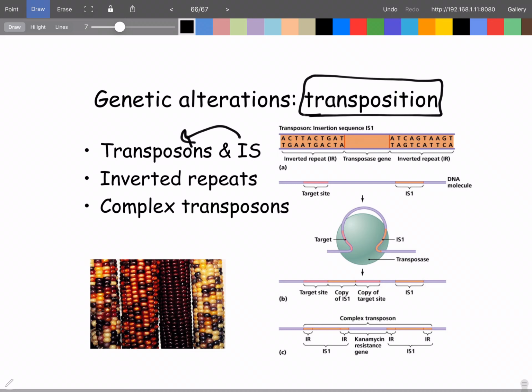It was originally discovered in corn, and that's why the corn kernels are all shown down here. You've probably seen this corn at Thanksgiving time in stores and so forth. You have a darkly pigmented corn kernel that has anthocyanin in it. There are other corn that you see here that are white that don't make anthocyanin, and some that are sort of intermediate.